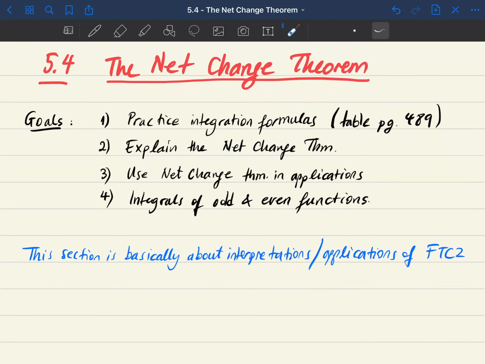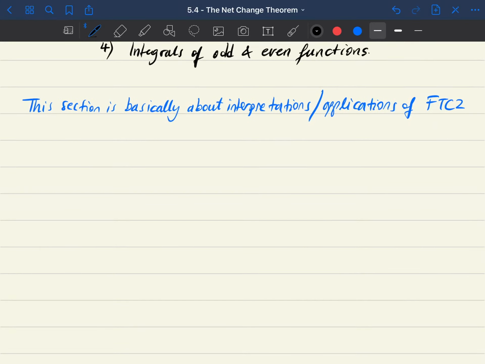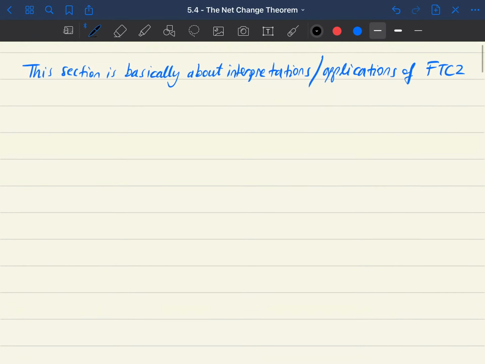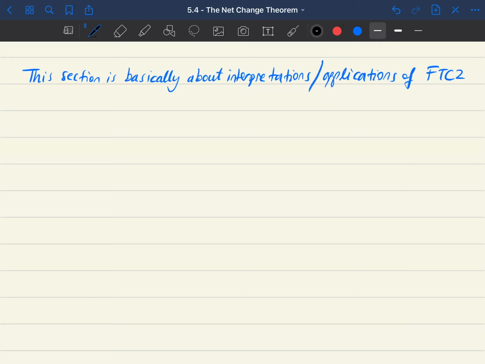So let me first remind you about the fundamental theorem of calculus part 2. Recall that FTC2 says the following. If you take the integral from a to b of f prime x dx, this is equal to f of x from a to b.